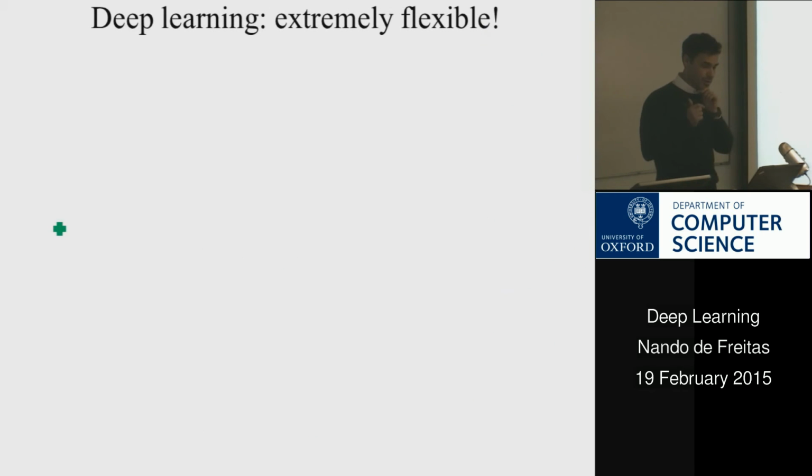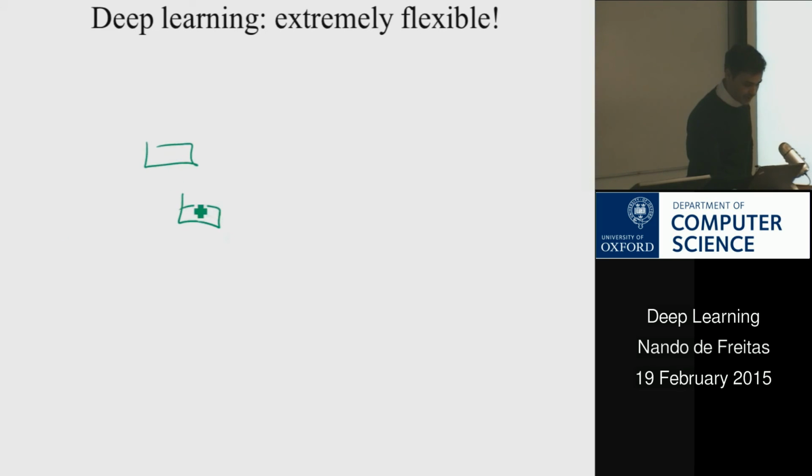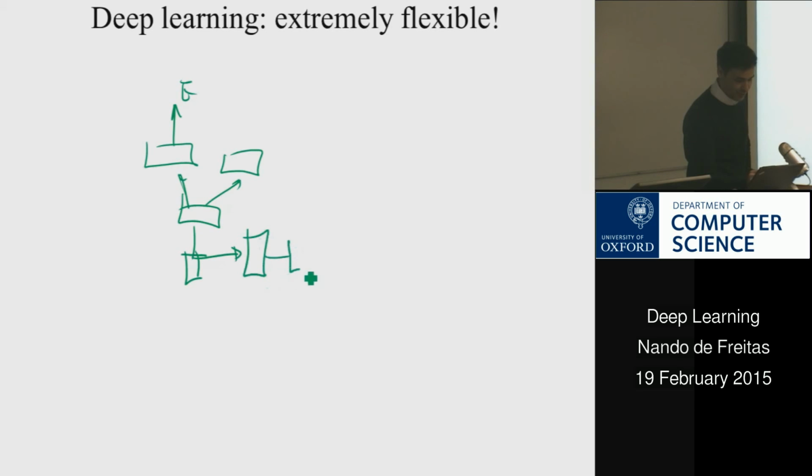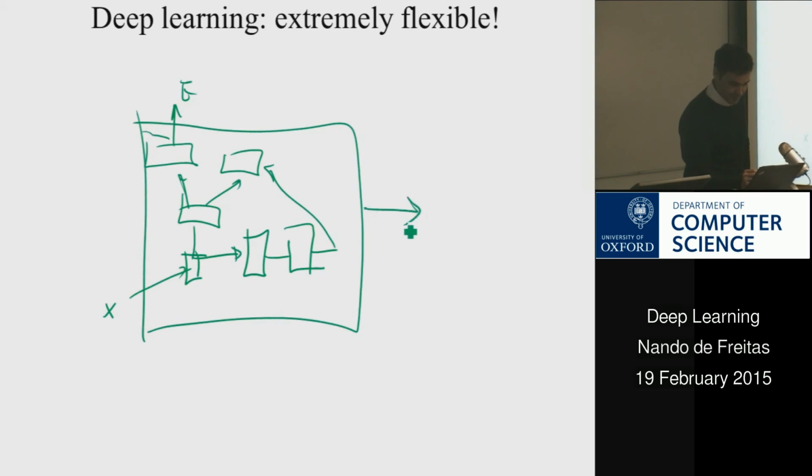In general, the sort of thing that I really want you to keep in mind is that these models are extremely flexible. You can build all sorts of cool layers doing all sorts of things. You can then treat them as single modules that connect, and maybe there's the theta and the theta here.